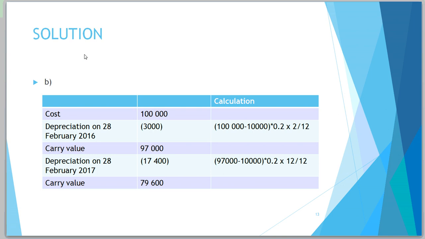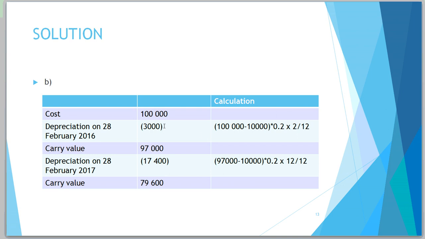The solution for B will look a little bit different because now we are using the reducing balance method, and the reducing balance method says that we need to write off depreciation on the carry value of the asset. So we'll again start by saying the cost is 100,000, so the depreciation will be 100,000 less the residual times 20% times 2 months.